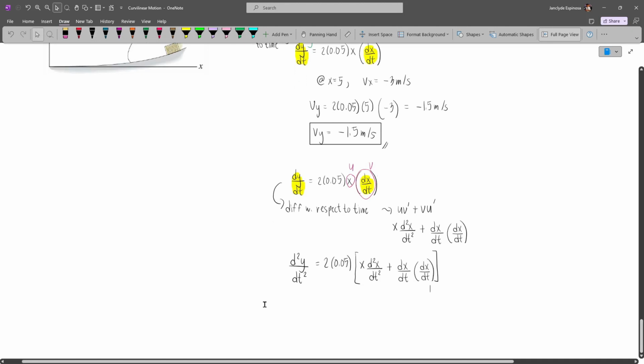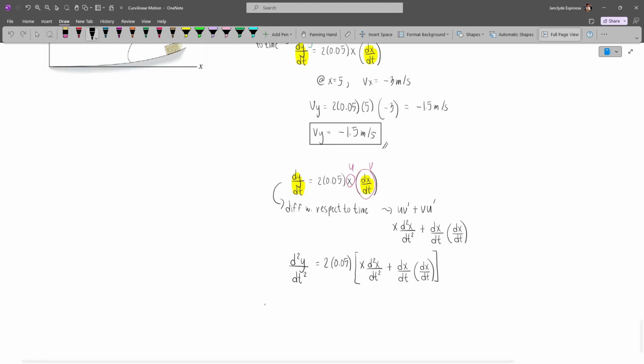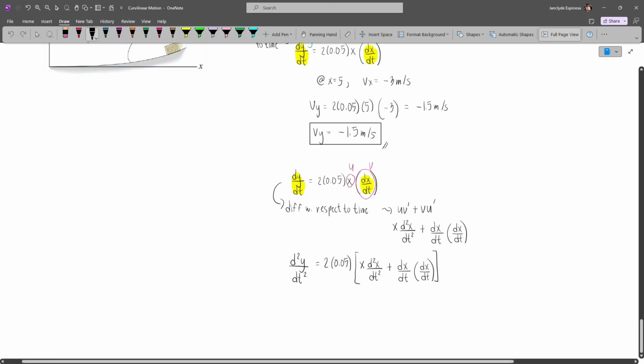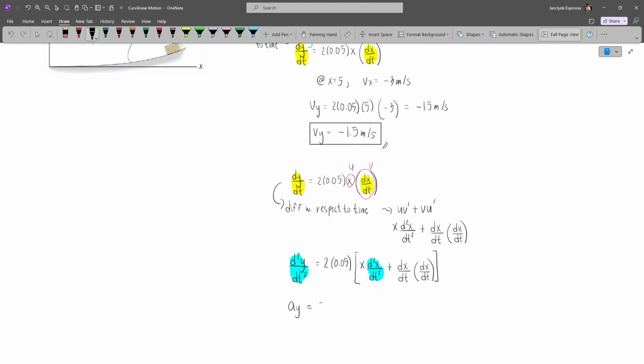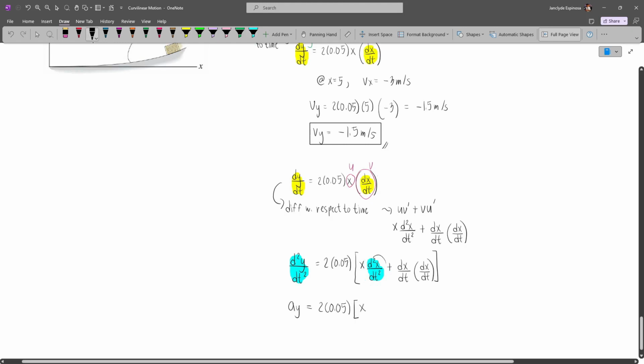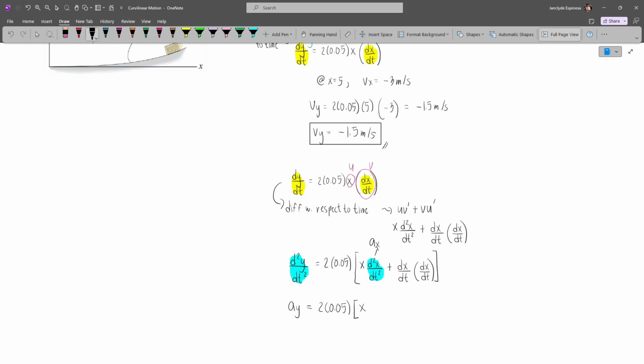Now recall that the second derivative of y and the second derivative of x is just the acceleration along that axis. So d squared y over dt squared becomes the acceleration along y, and this one is the acceleration along x. So we have 2 times 0.05, and then x times ax, the x component of acceleration.